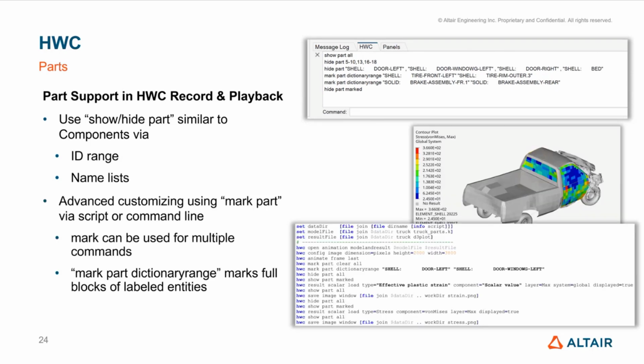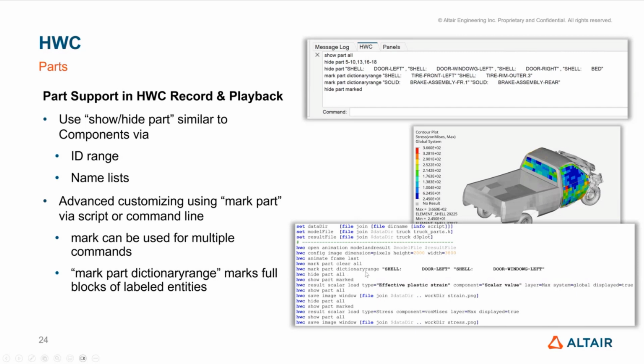And if you want to do a little bit more, you can use the mark part, the mark, and this allows advanced customization. The mark will never be cleared, even if you use it multiple times, so it can be used for multiple commands.